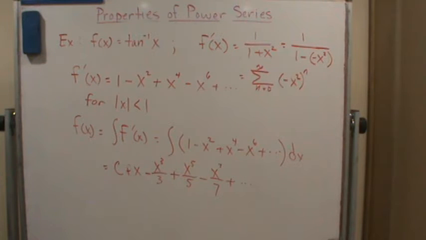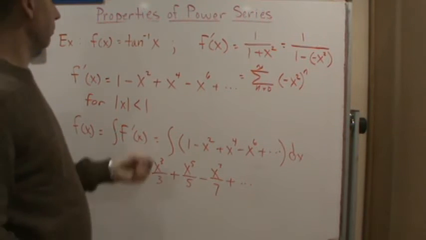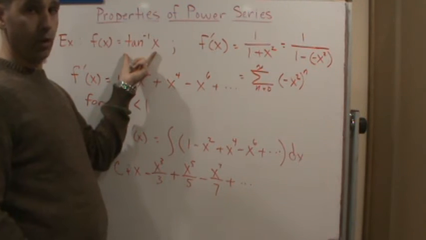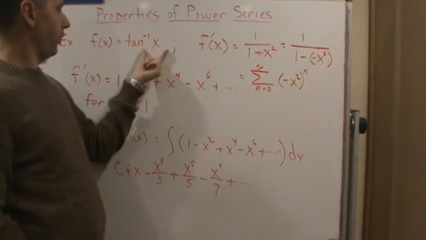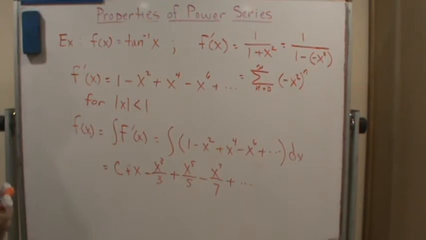The tangent of what angle equals 0? Well, it's 0, right? Tangent of 0 is 0. So the arctangent of 0 is 0.